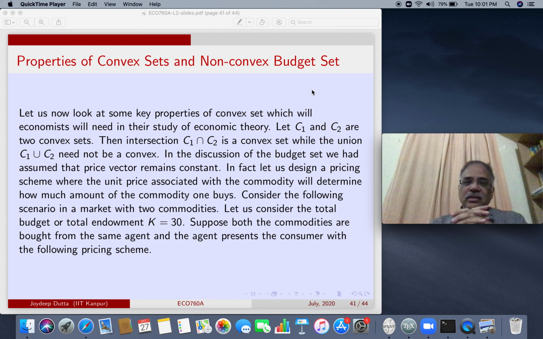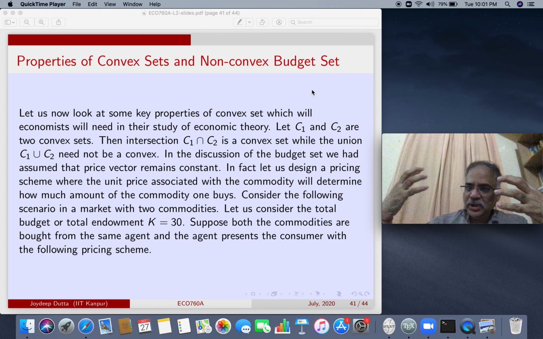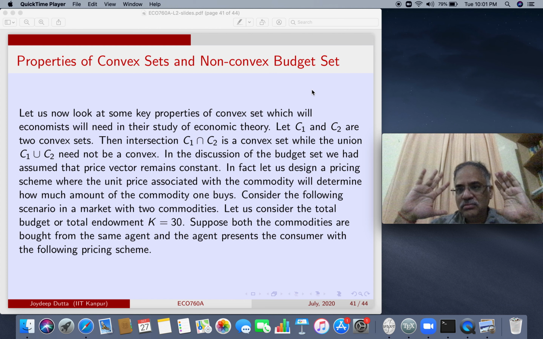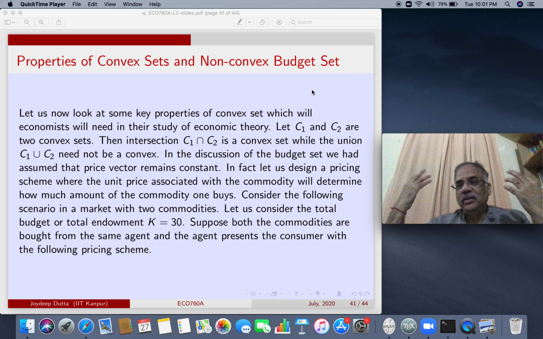Let us see. Let us consider a place where we are going to a shop to buy certain things, and our initial endowment, total budget, is 30. It could be 30 rupees, $30, 30,000 rupees, 30 lakh rupees, or whatever. That is my endowment, and I am supposed to go to a shop, and the shopkeeper gives me a kind of pricing mechanism, a rule that one has to follow, with preconditions.